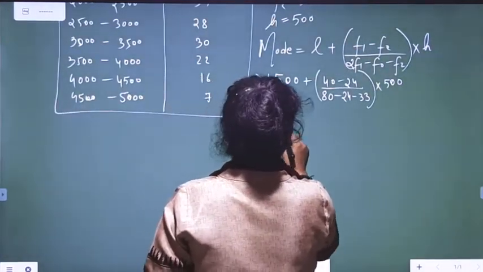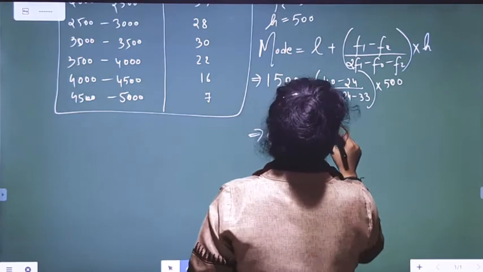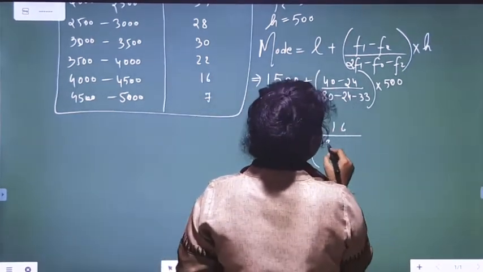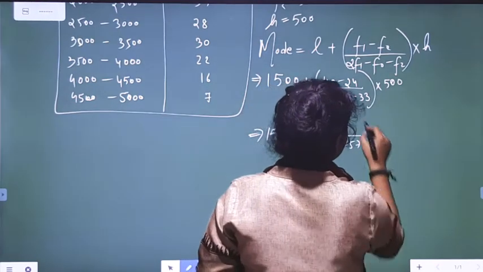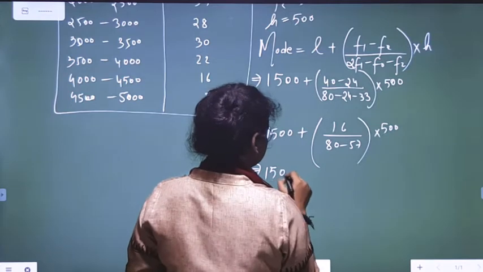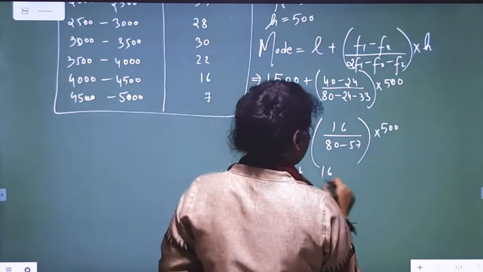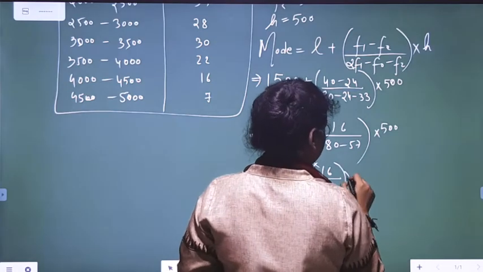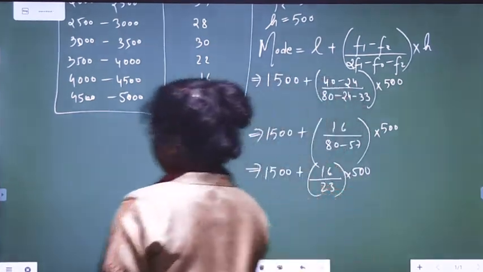This comes out to be 1500 plus 16 upon 80 minus 57 into 500, that is 1500 plus 16 upon 23 into 500.